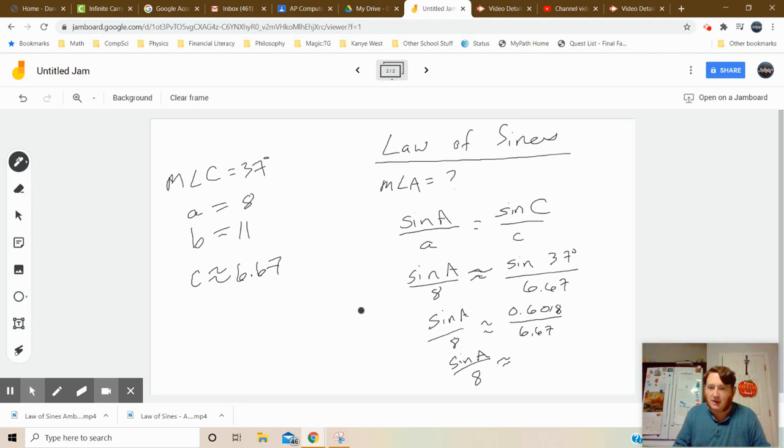It's 0.0902. We would multiply that by 8. So I'm just going to multiply the decimal on my screen by 8. And when you multiply it by 8, it's 0.7218. And we know the ratio, we're trying to figure out the angle. So it's going to be a calculator lookup using inverse sine.